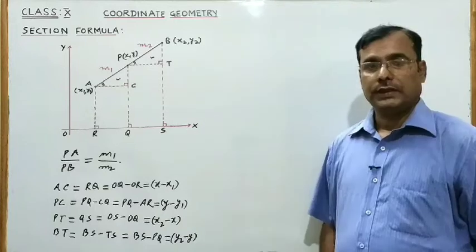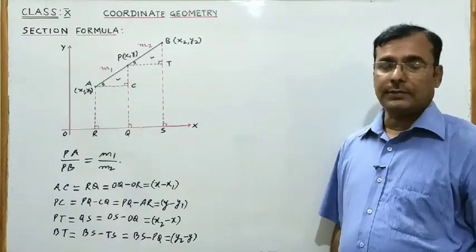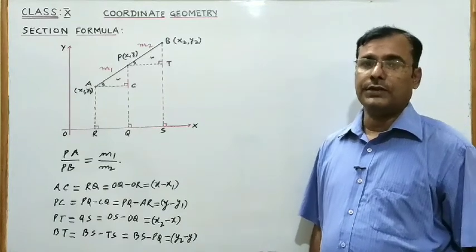The midpoint of a line segment divides the line segment in the ratio of 1 is to 1.